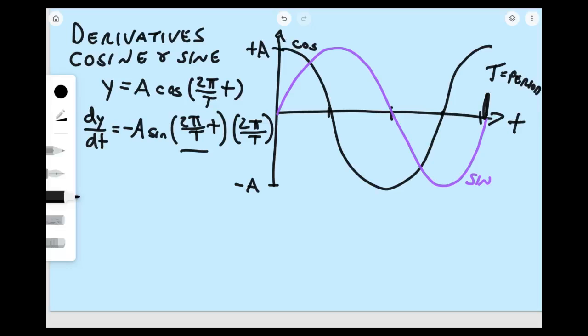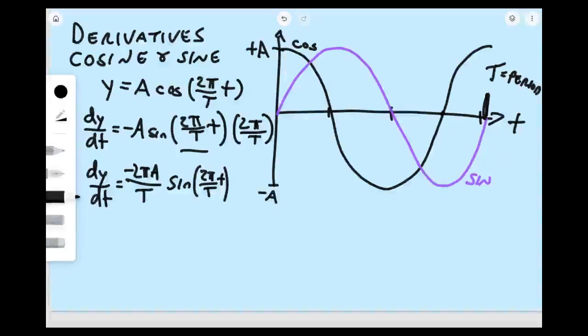And I'm going to rewrite that. dy/dt equals negative 2 pi A over period T times sine of 2 pi over period times time.